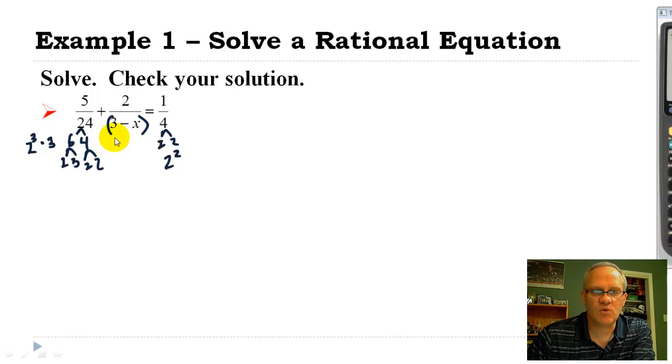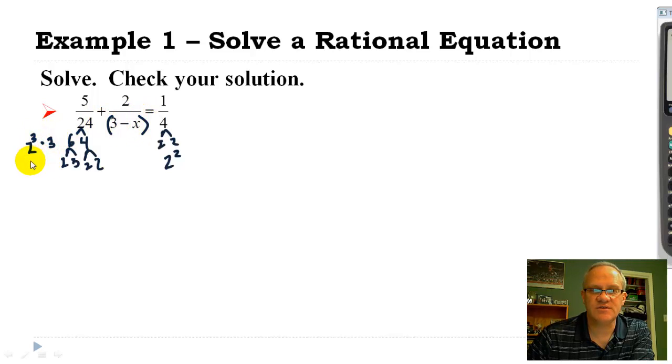So what you want to do then is ask, what's the least common multiple of those? You take the biggest number of times that each factor came up. The factor of 2 came up 3 times here and 2 times here. We're going to choose the 3 times, so that's 2 to the third power. The factor of 3 came up here and didn't come up anywhere else. Remember, this is not a 3, this is a 3 minus x.